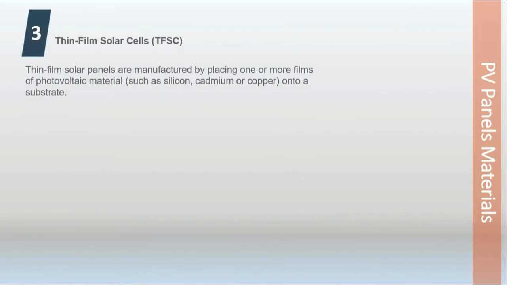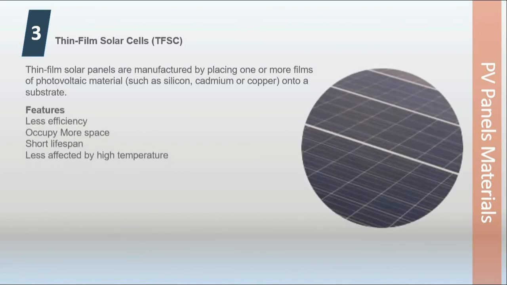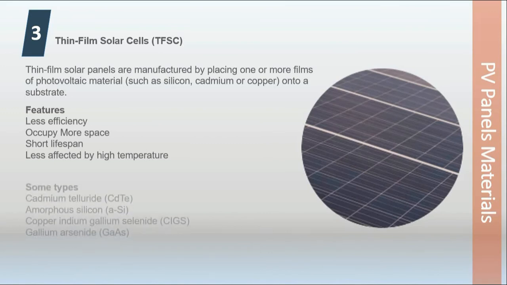The third type is thin film solar cells, which are made from a photovoltaic material such as silicon, cadmium, or copper. Actually, different layers are put together to form this thin film. They have the lowest efficiency and occupy more space, but they have the advantage that they are less affected by high temperature.